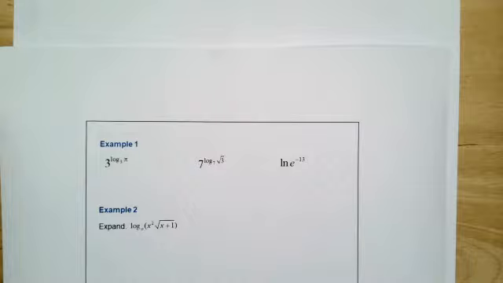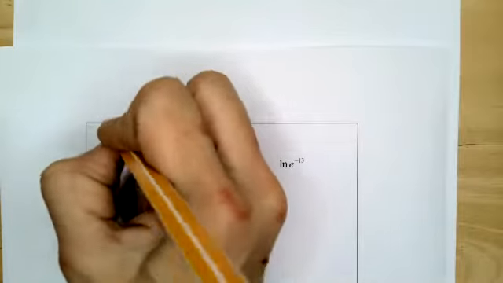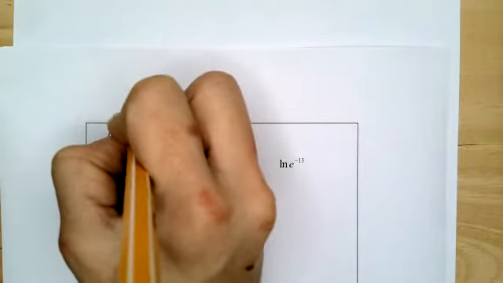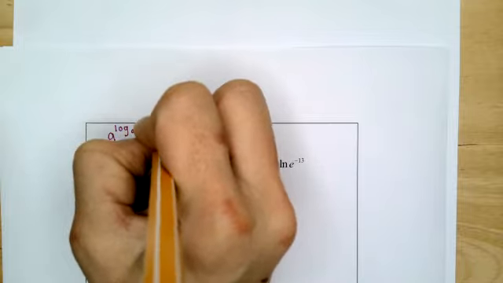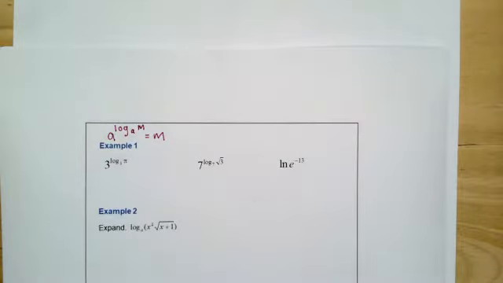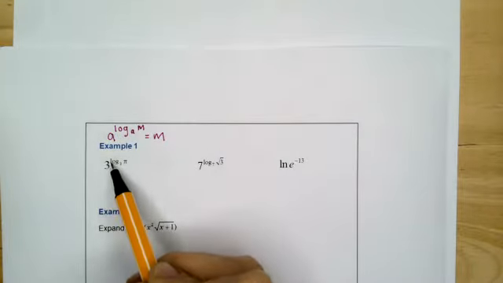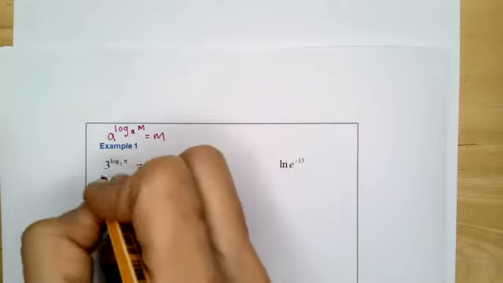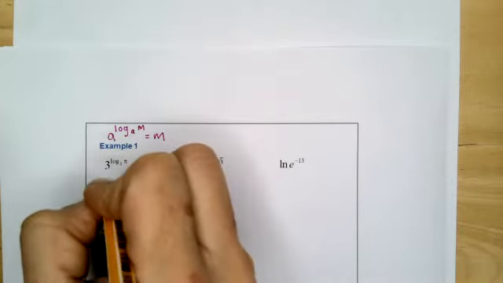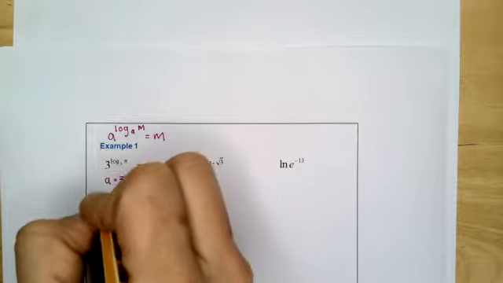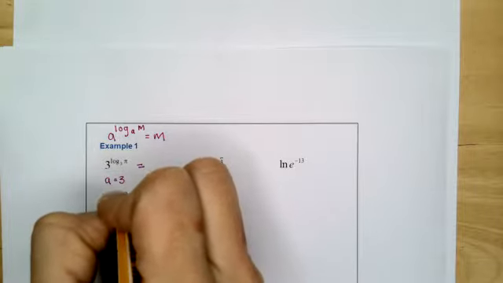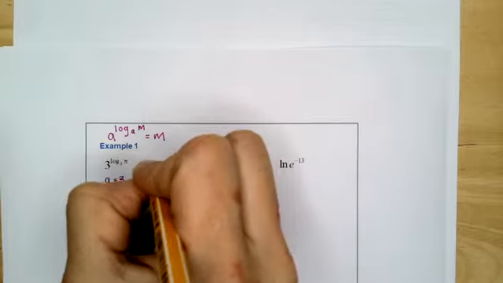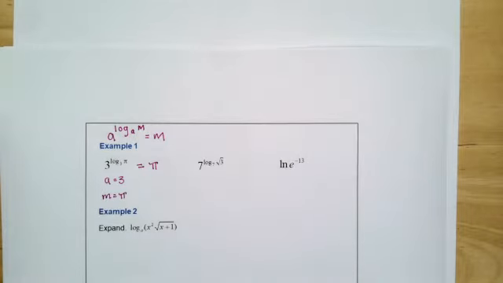So this is the rule: a to the power of log base a of m equals m. That's the rule we're using. And what we have is 3 to the log base 3 of pi, so here a was 3 and m was pi. So 3 to the log base 3 of pi is pi, right? Okay.